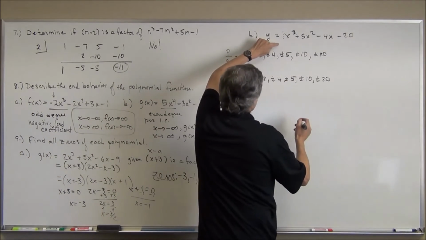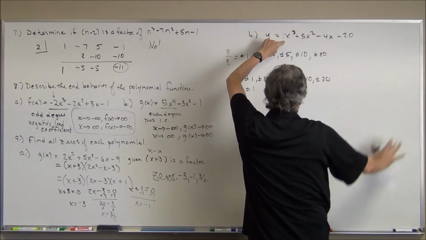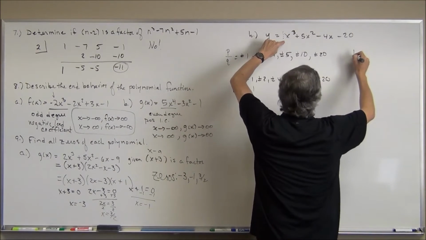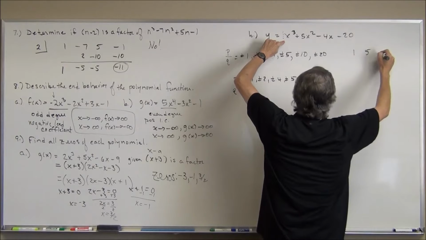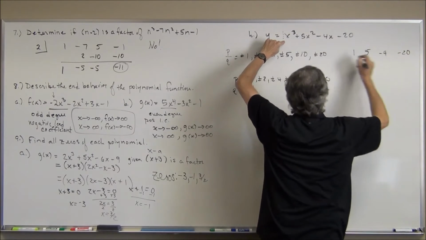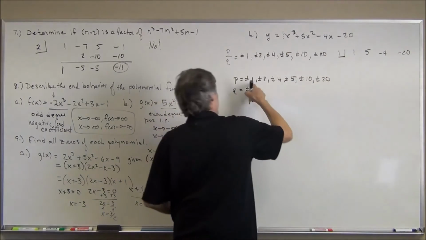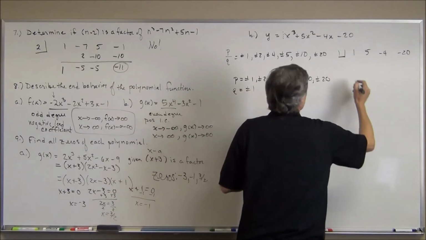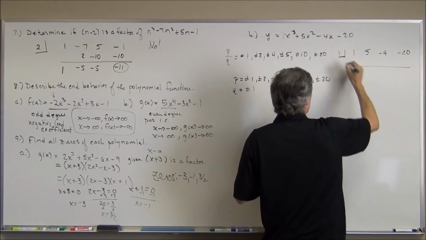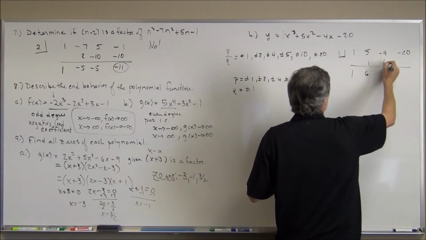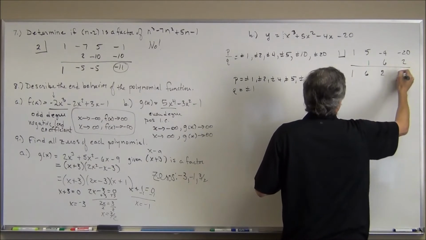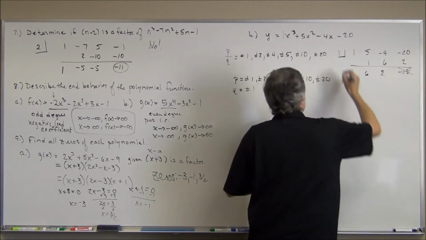So here's where we can use a little synthetic division. I'm going to need all the board here, so I'm just going to put some over here. I'm going to have 1, 5, negative 4, and negative 20. Let's try 1. I usually just start at the beginning and work my way through. So if I try a 1 here, 1, that's 6, that's 6, that's 2, that's 2, that's negative 18, that's no good. Cross out 1.